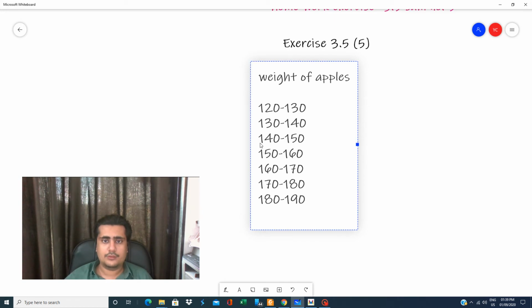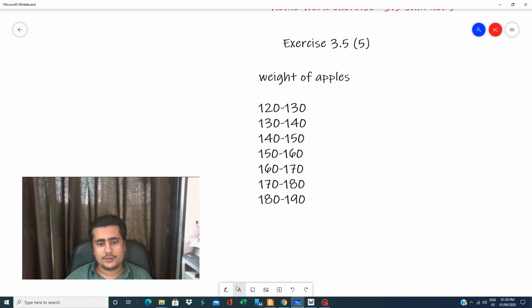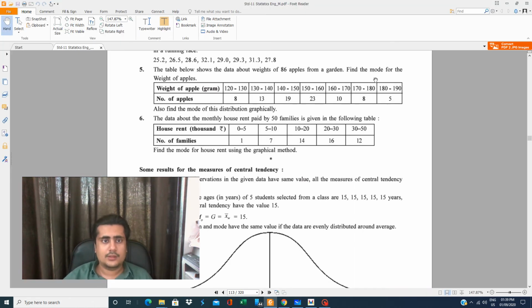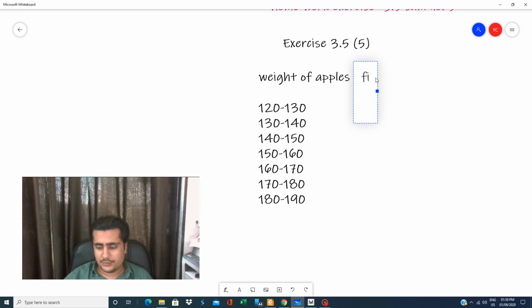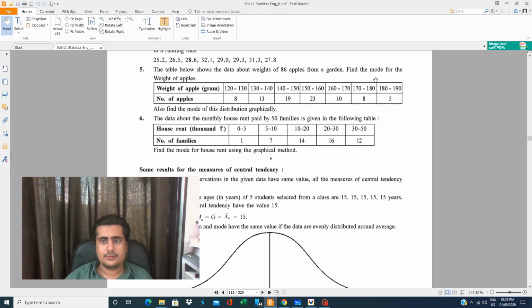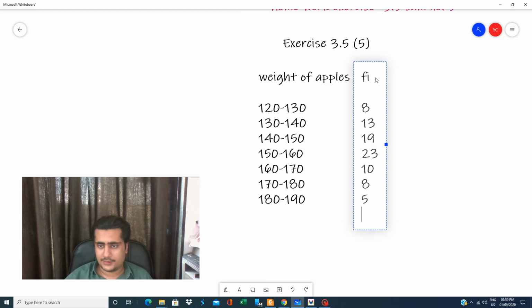Then the frequencies are 8, 13, 19, 23, 10, 8, 5. So the total is 86, as they told you that 86 apples are there.